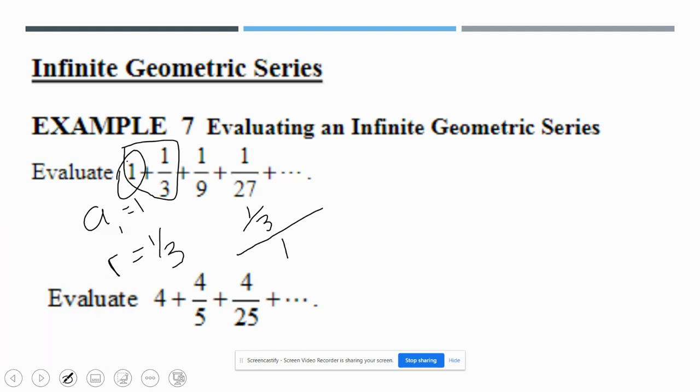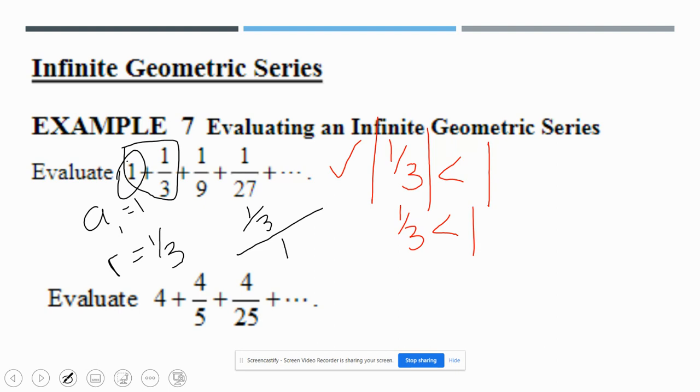Before we move on, we have to check: is the absolute value of positive 1/3 less than 1? Well, the absolute value of 1/3 is a third. Is 1/3 less than 1 whole? It is.